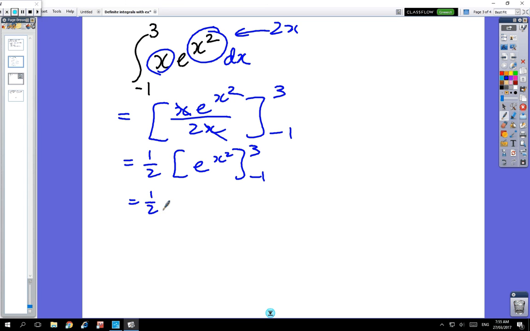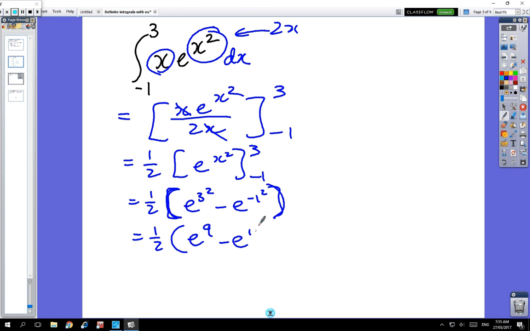So I've got a half, e^(3 squared) minus e^((minus 1) squared). Once you put it into numbers, you can change it to curly brackets. So e^9 minus e^((minus 1) squared). And again, if you factorize it, it's e over 2 times (e^8 minus 1), if you had to factorize it.